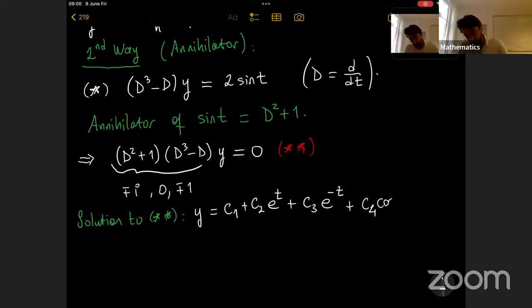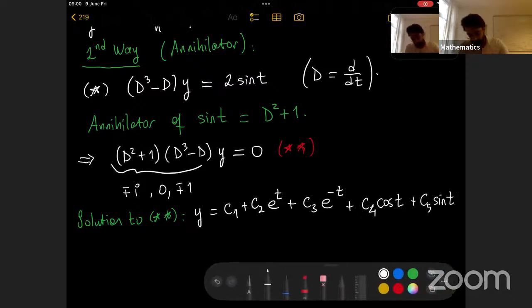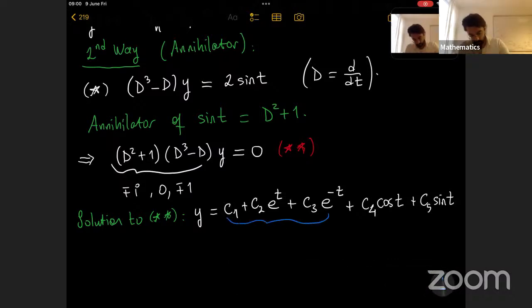So C4 cosine t plus C5 sine t, okay? And basically this is the homogeneous part, like in the previous one. So we will find C4 and C5.